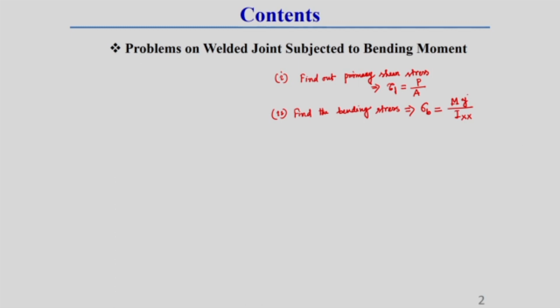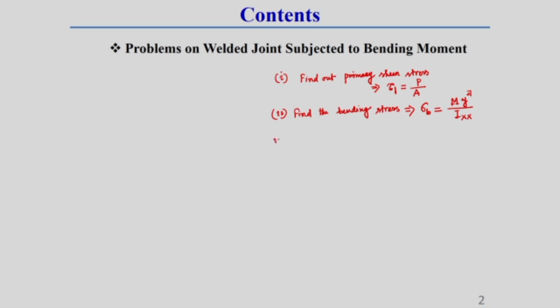Here y is the perpendicular distance between the x axis and the farthest weld axis. That means one axis is passing through the farthest weld itself, and another axis is passing through the CG of the weld along the beam axis. So, this is the farthest distance, the y axial distance, that means the perpendicular distance between that weld axis and the axis of the beam.